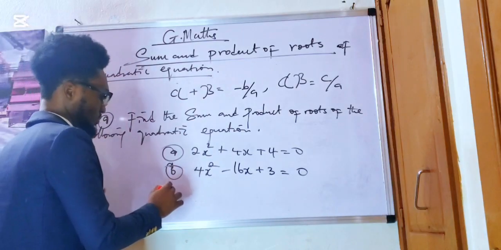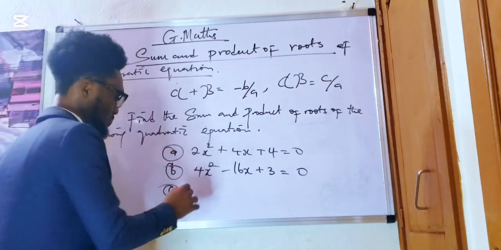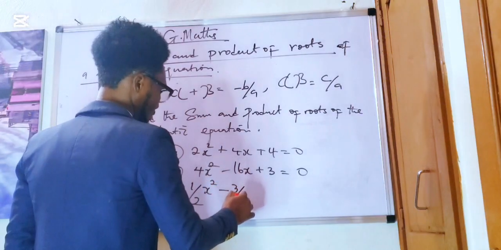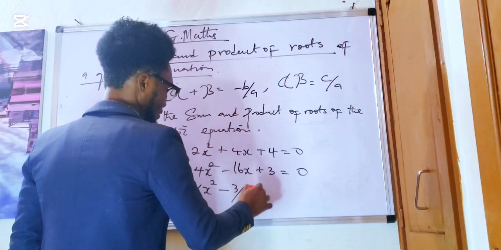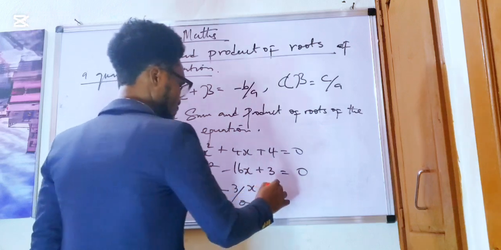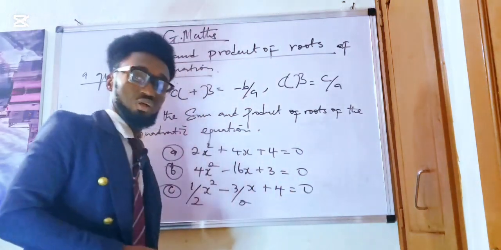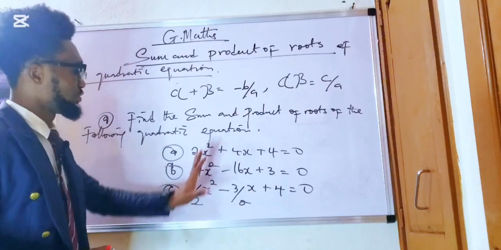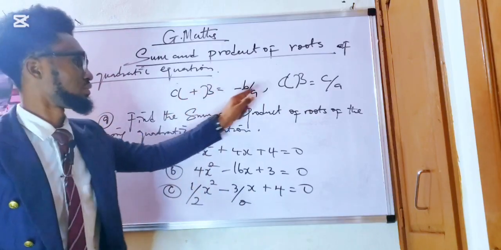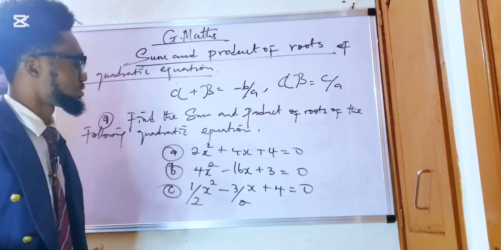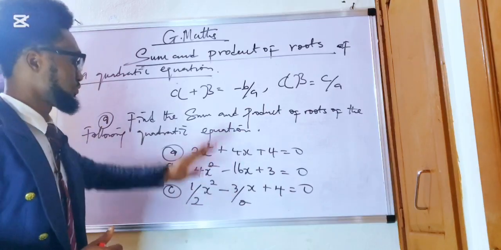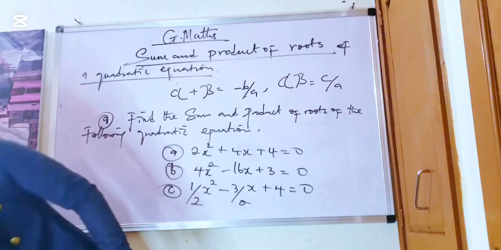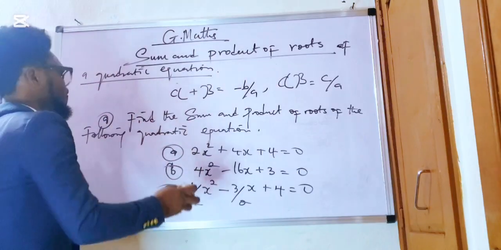Let's also introduce a fraction: 1 over 2x squared minus 3 over 2x plus 4 is equal to 0. These are all quadratic equations. So we are going to practice how we can apply these formulas in finding the sum and product of roots of these equations.